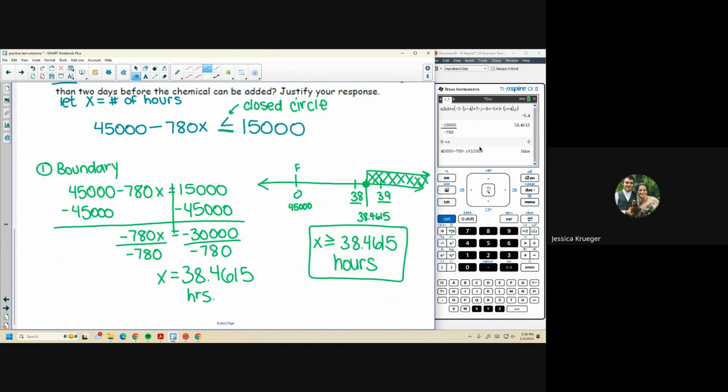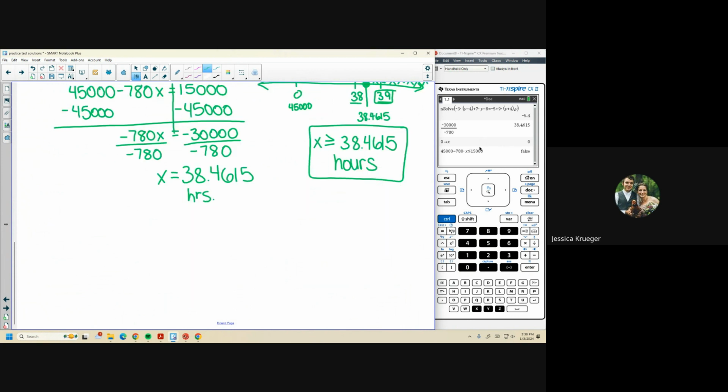The smallest whole number that's in the solution is 39 hours. So I could also write the least number of whole hours is 39.